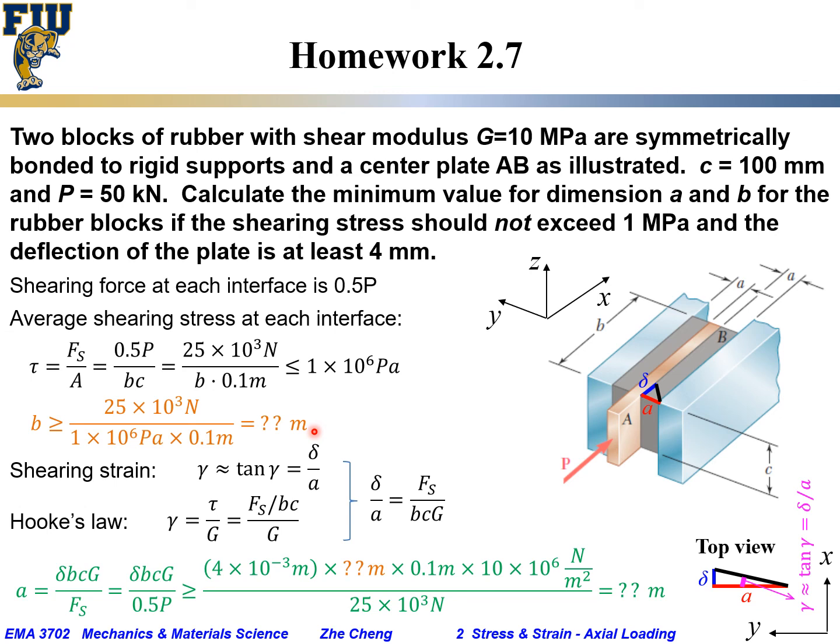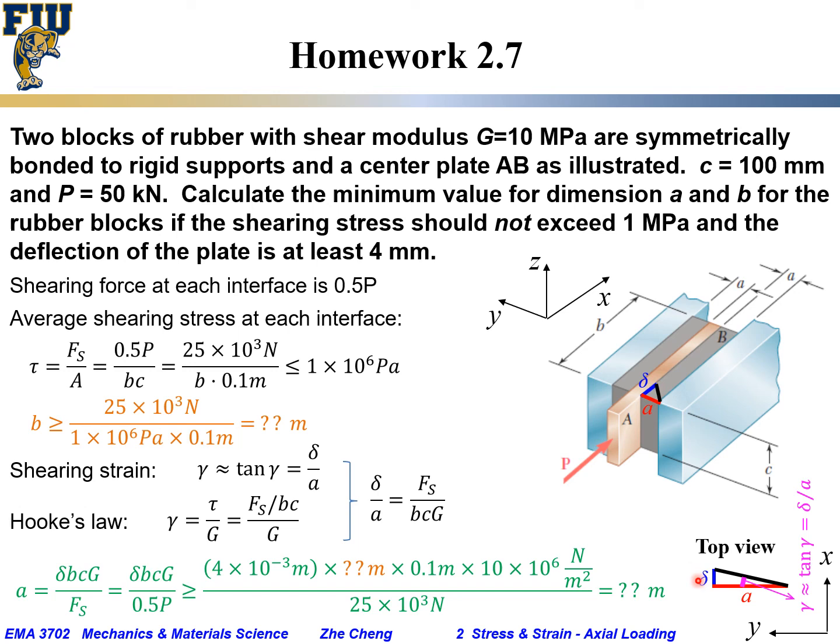Similarly, once we have the B, now let's consider the other constraint, the displacement constraint. From geometric relationship, we have the rubber block of thickness A and the displacement of delta.